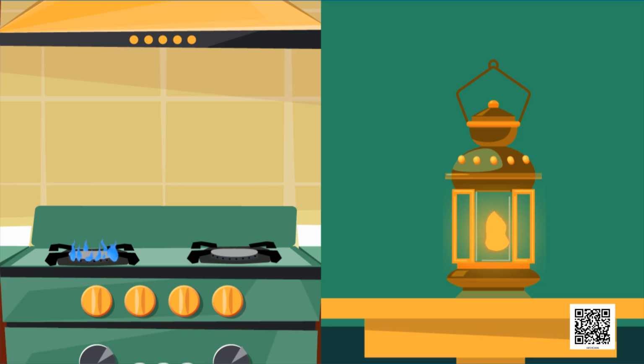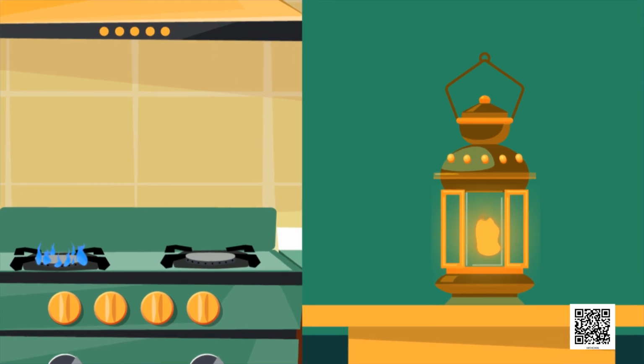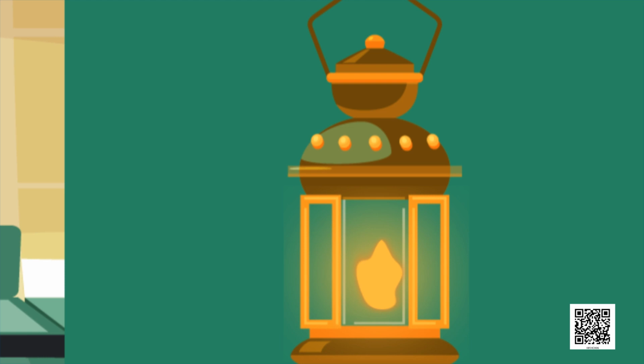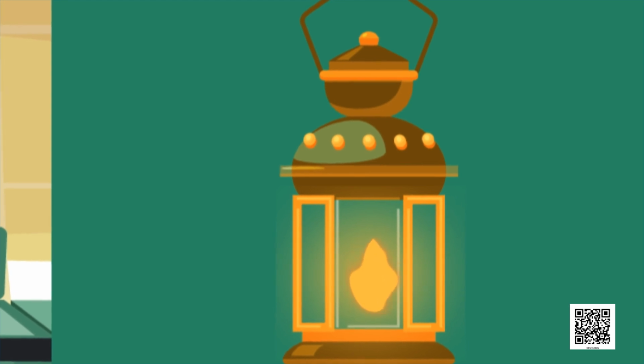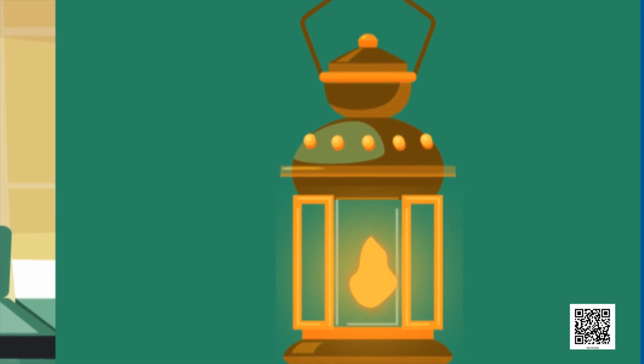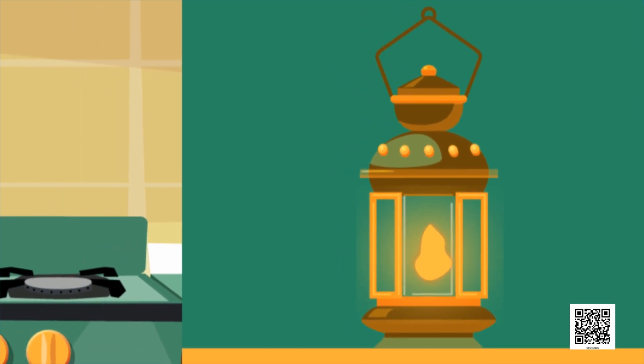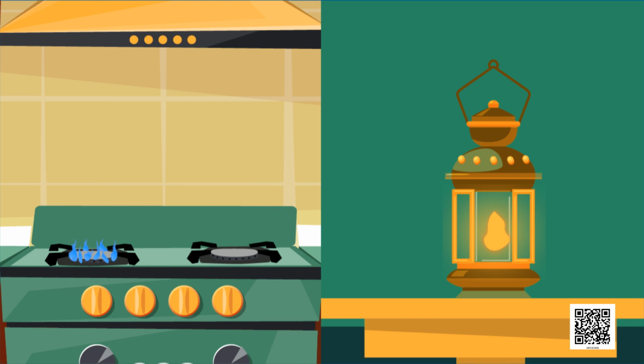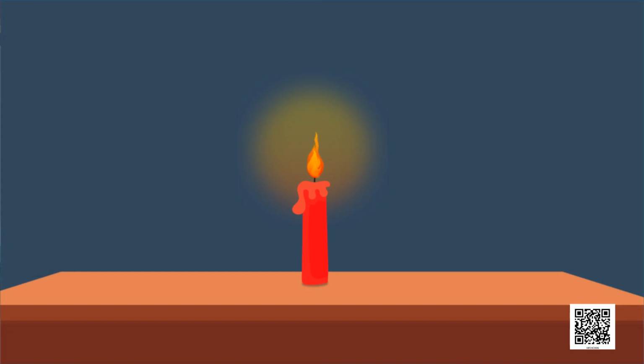Children, can you tell what is a flame? If we observe a flame of a kerosene lamp, the color of the flame looks yellow. Whereas if we observe an LPG flame coming out from our cooking gas stove, it appears blue in color. Color of a candle flame depends on the supply of oxygen.